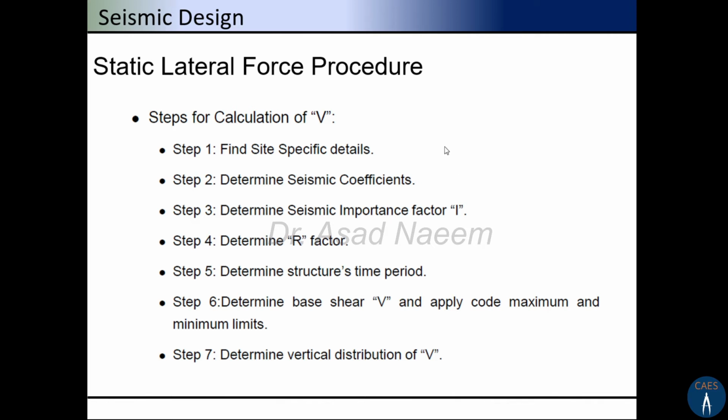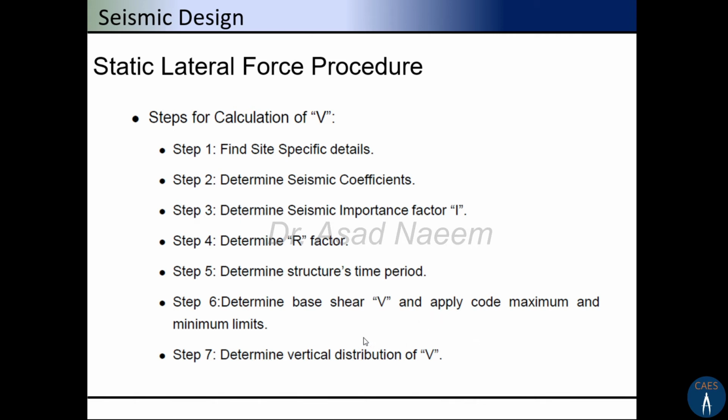Then we will calculate the seismic coefficients, which are Ca and Cv, and further we will calculate the importance factor of the building. Then we can calculate the response modification factor or overstrength factor using the tables, and finally we can approximate the time period as we have seen in the previous slide.